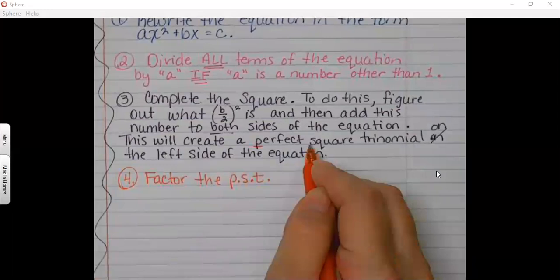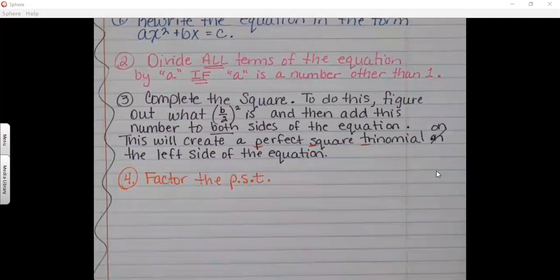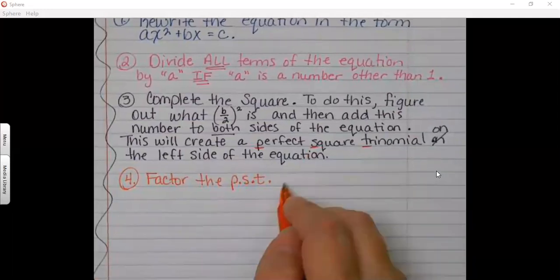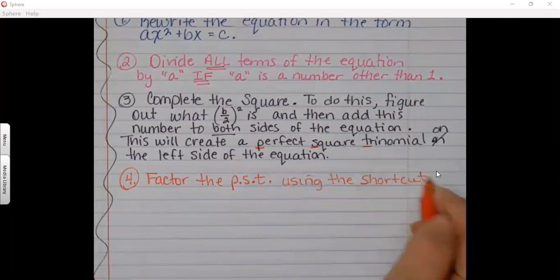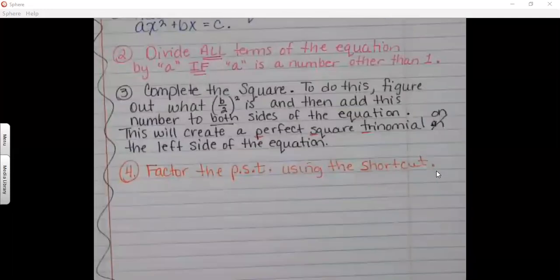We don't know the shortcut yet. Usually I teach a whole day on perfect square trinomials so that you can easily recognize them, but we didn't this time, trying to make up for lost time. But we'll do that within this lesson, okay? So right now you don't know how to do that.